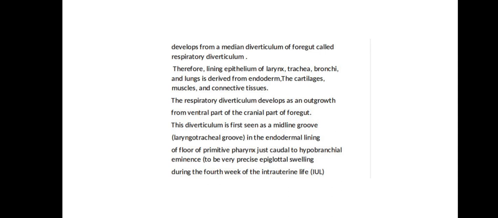The third one is the neural crest cells. So the first one, the endoderm, will give rise to the glands and the lining epithelium of larynx, trachea, bronchi, and the lungs. While the cartilages, smooth musculature, and the connective tissues are derived from the splanchnic mesoderm.